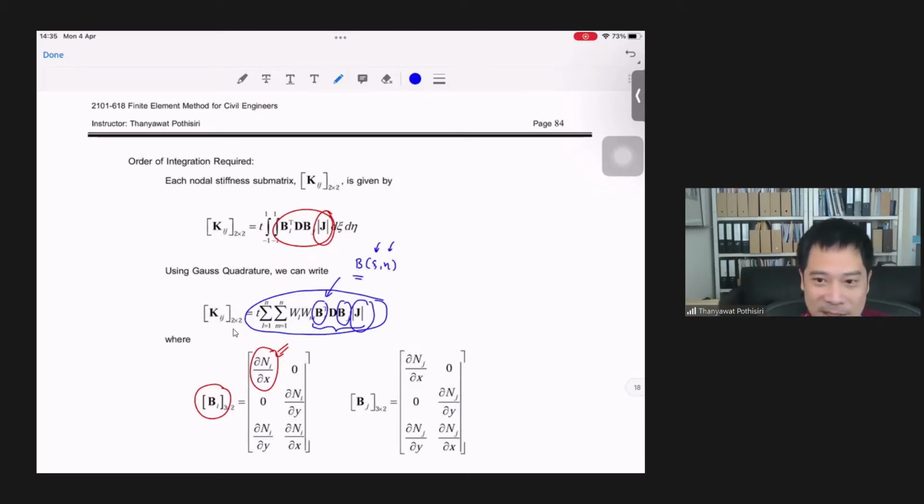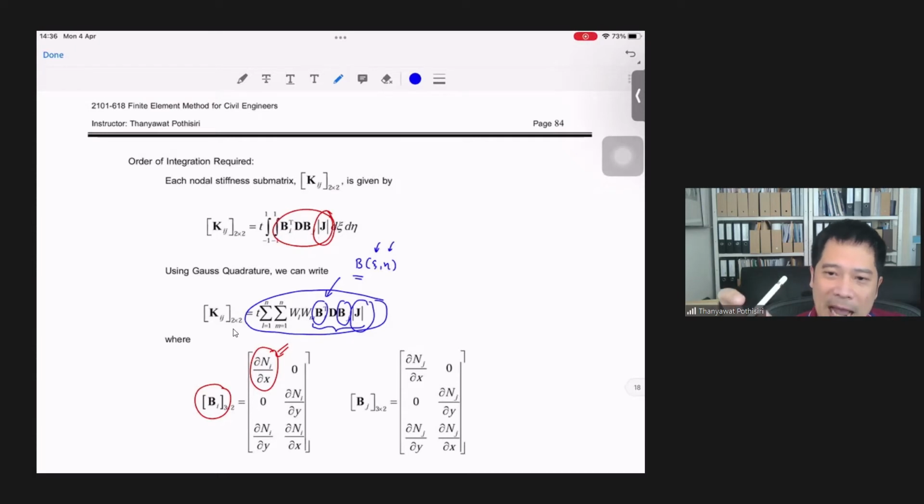For example, we talked about using strain jumps across element boundaries as a measure of error for your finite element solution. So you need to compare between different elements how much the strain jumps across element boundaries. In those cases, you need to compare the value of strain at the nodes, which define the boundary between elements.